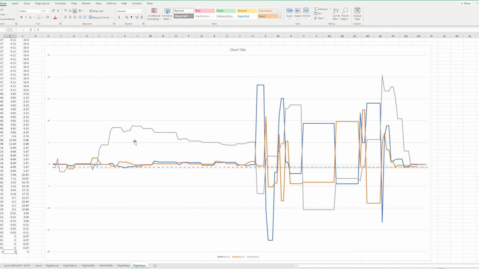So, we believe that weathercocking is part of the reason why we pitched over, because the wind was coming from the direction that we turned, and therefore, because the fins got hit and incurred drag, the nose would pitch in the direction of the wind.